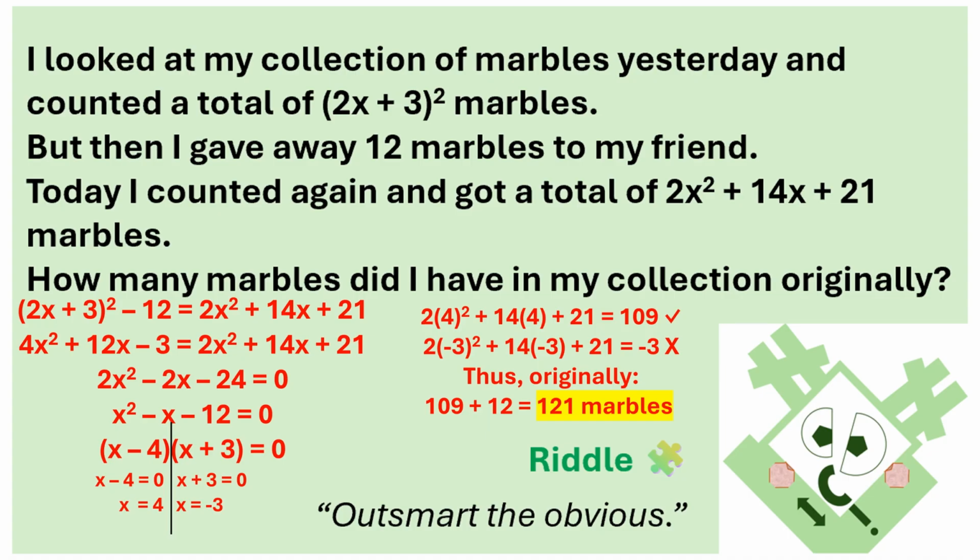You can divide it all by 2, that's a good tip if you ever see that in an exam, and then split it out, solve it, check which one actually works. As you can see, minus 3 results in a negative amount of marbles, which doesn't work, so therefore you just use 109 plus 12 because there were 12 more originally to get 120 more marbles.